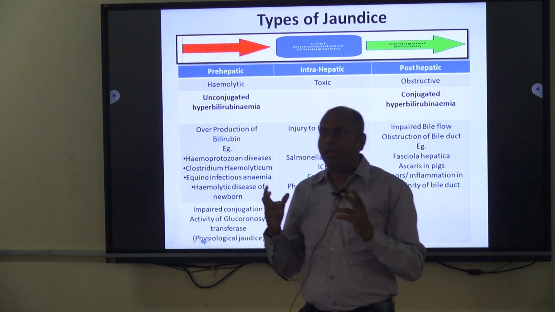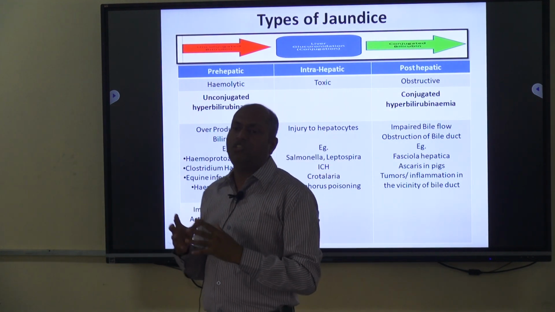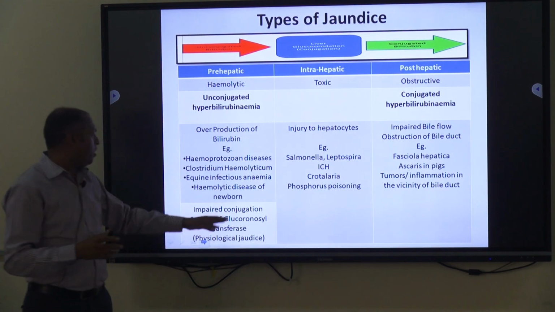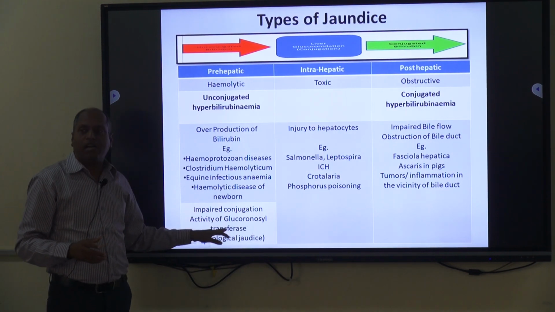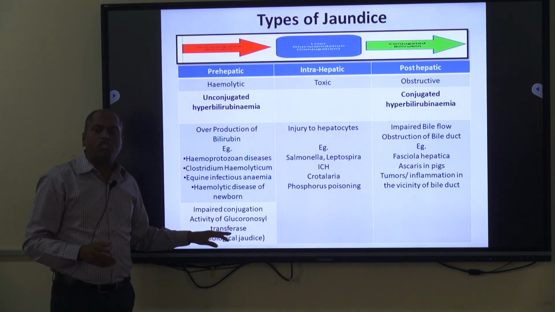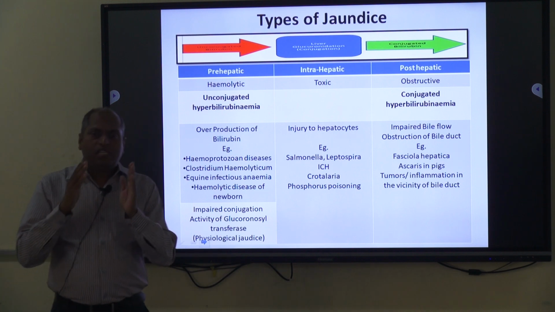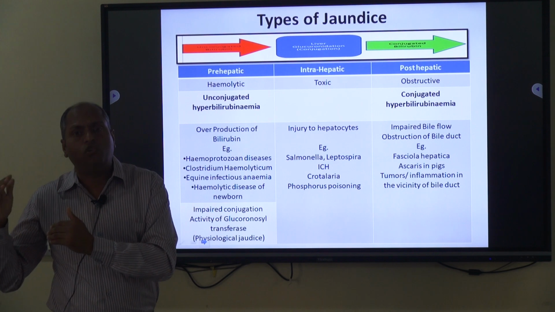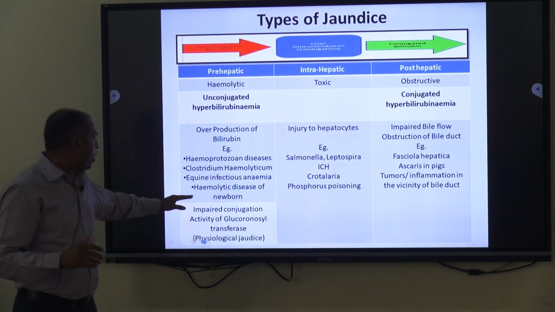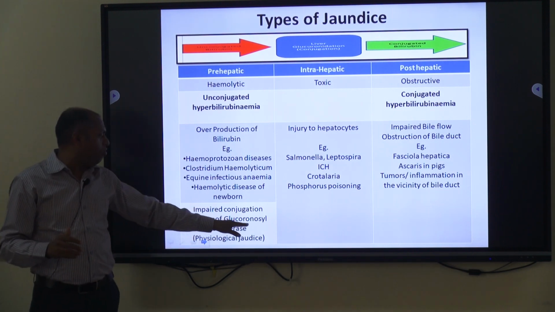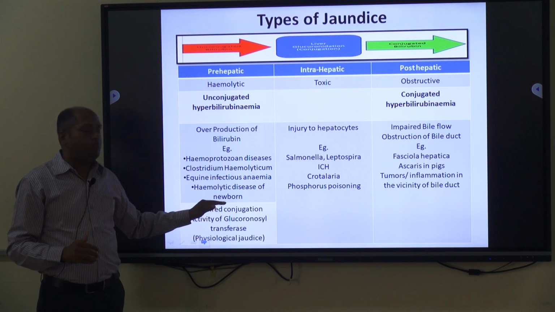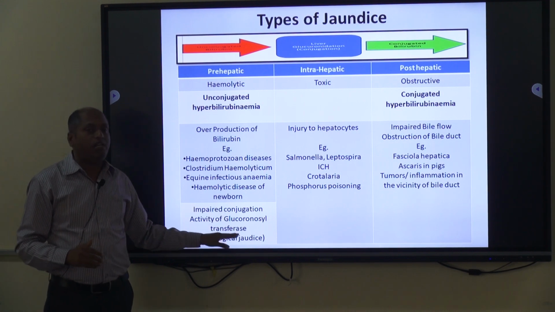The jaundice in newborn babies is physiological, not pathological, because the enzyme required for conjugation is glucuronyl transferase, and it attains its peak activity in 2 weeks. So a 2-week period is needed to attain glucuronyl transferase activity. Conjugation does not take place, or less conjugation takes place, up to 2 weeks. So there is physiological jaundice.